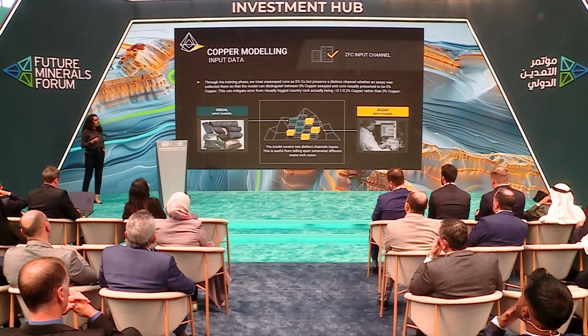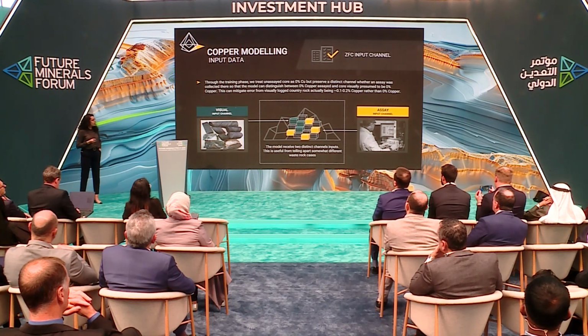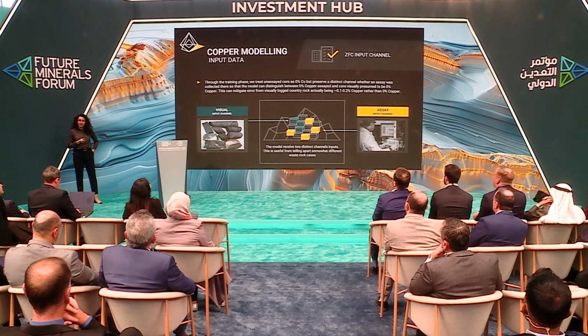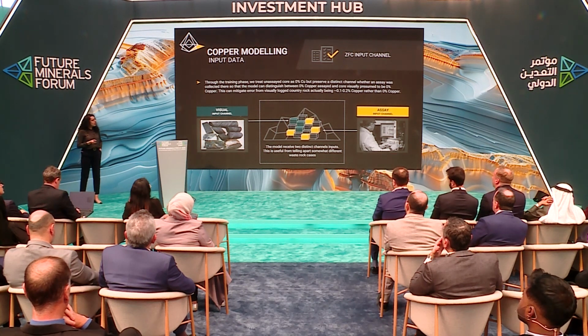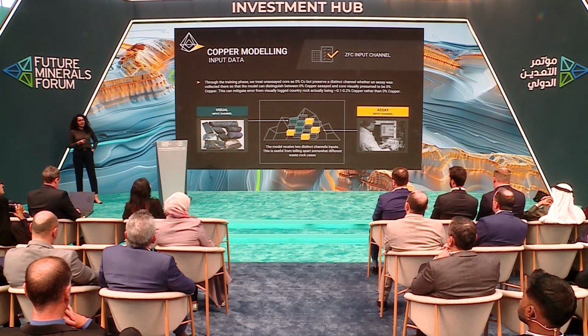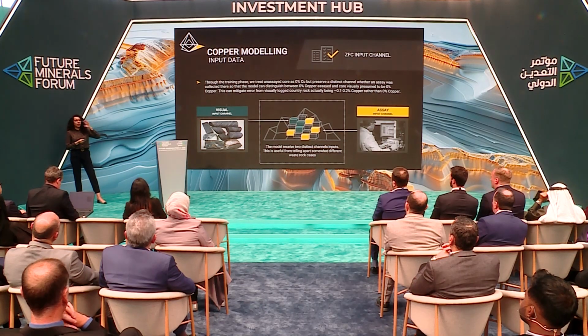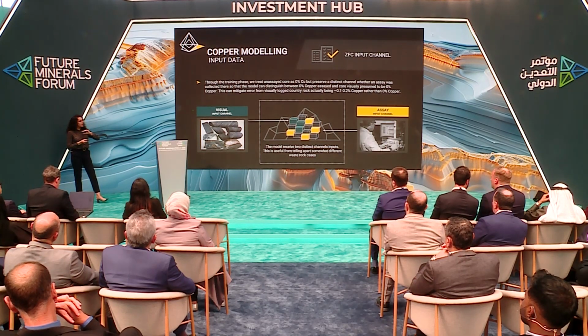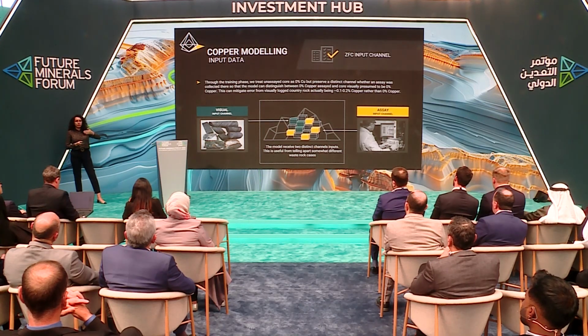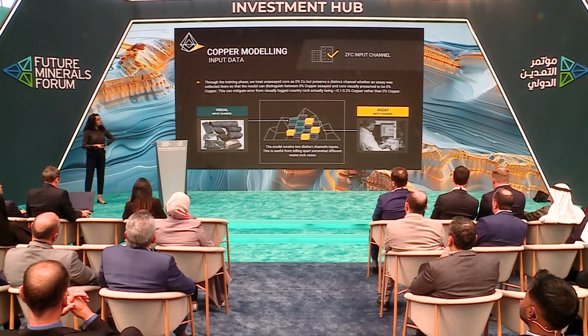However, in their logging, we noticed a lot of material that was visually logged but never assayed. And what we noticed as well was that 40% of the time, that material that was logged as country rock was actually low-grade copper. So we had to prioritize that data effectively and introduce it as a separate input such that we still learn something but don't introduce too much of that error that comes with that type of data.